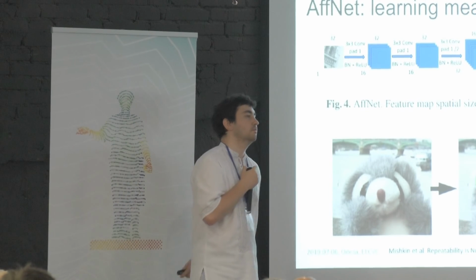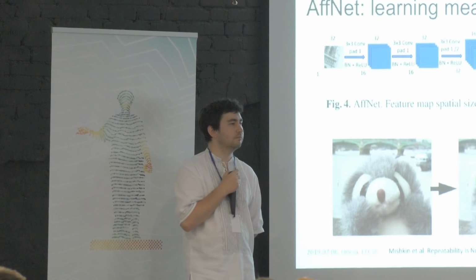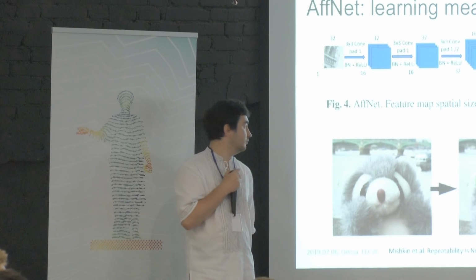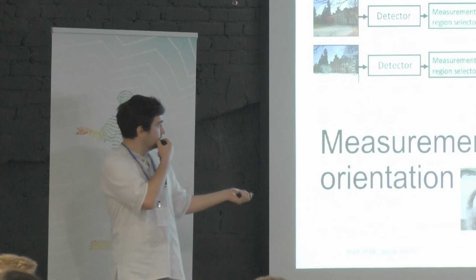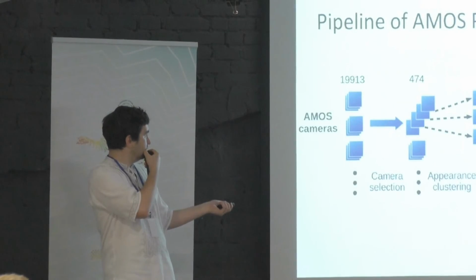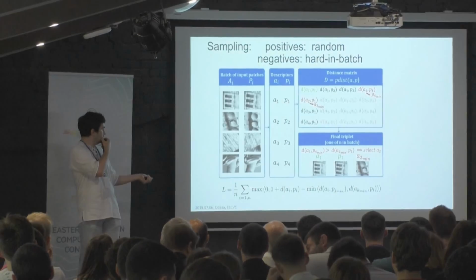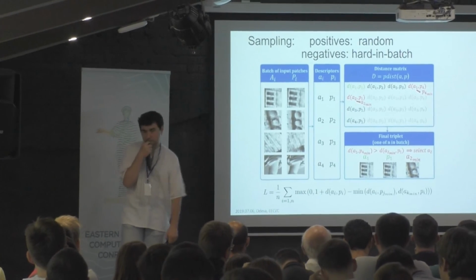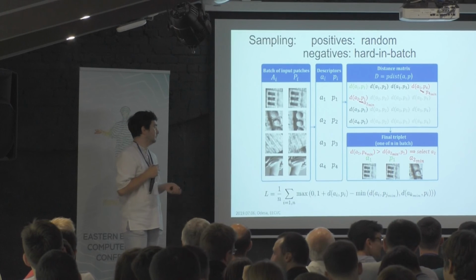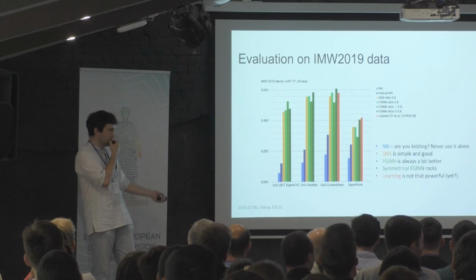Okay, and maybe this is the last question for me because other people also want to ask. Yes, last. Can you show the graphs from before? The loss function graphs? Yes, this one.